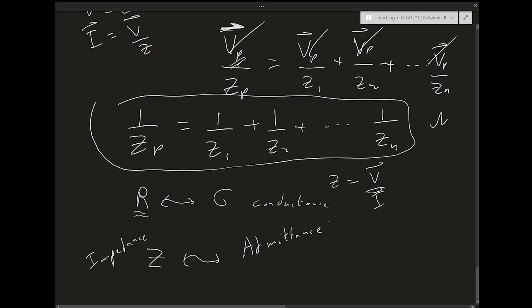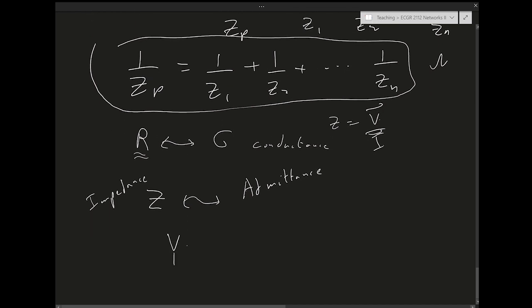Admittance is defined as the inverse of Z, which means it's I phasor over V phasor, and it has units of Siemens. So it's analogous to conductance.